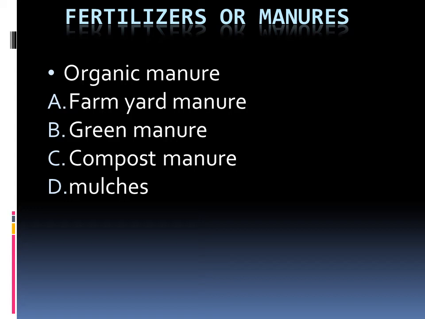Pupils, after some time, mulches rot to become manure. Pupils, mulches are also useful in the following ways. 1. Control soil erosion. 2. Prevent growth of weeds.